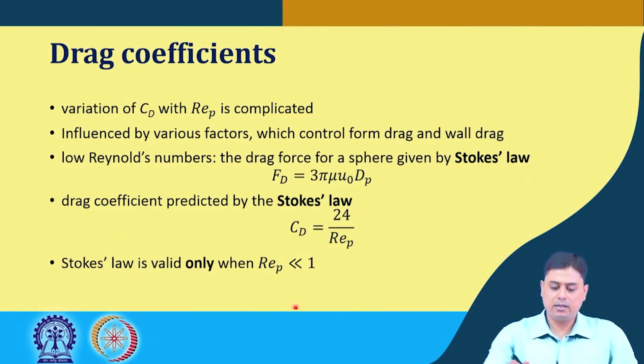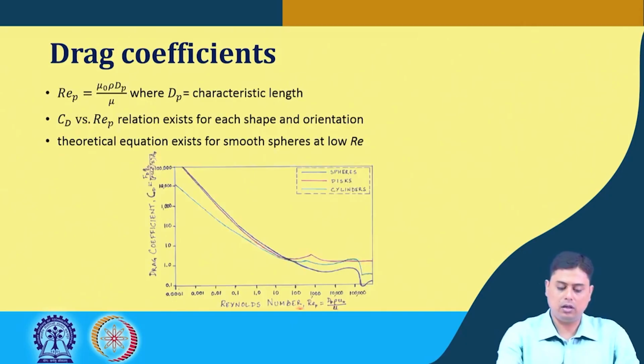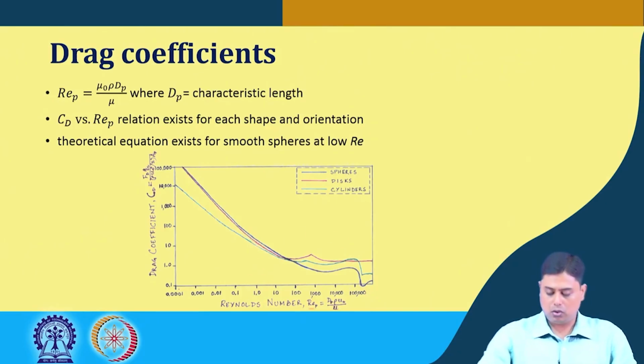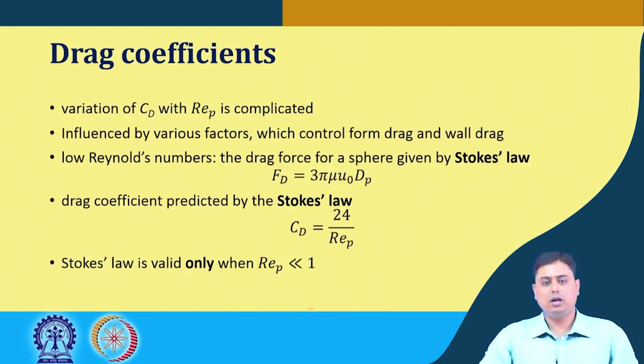That means these two relations, FD and CD, if we go back to this graph, we can see that below 1 these scenarios happen and those equations can be used, but beyond 1 Stokes' law is typically not applicable and gives a different value, which will create design problems for your case.